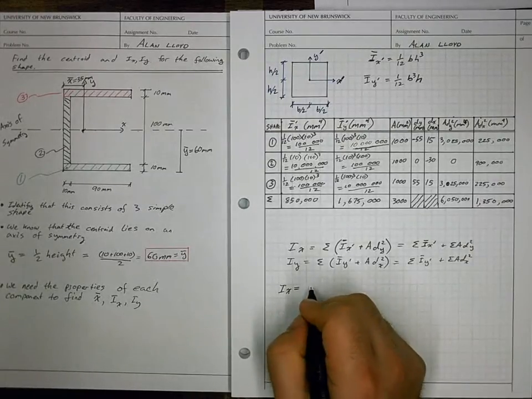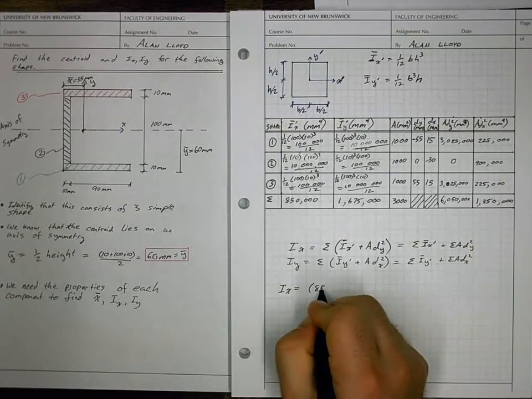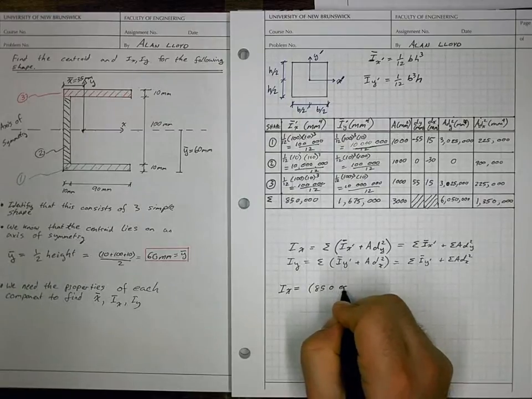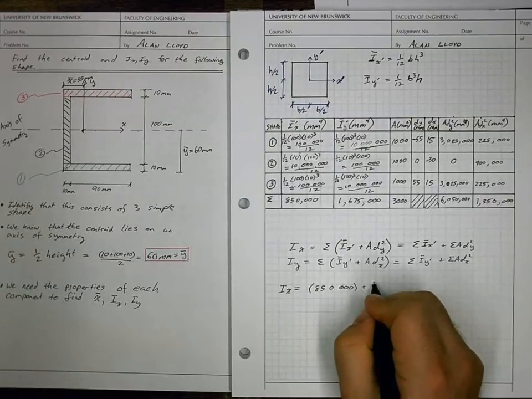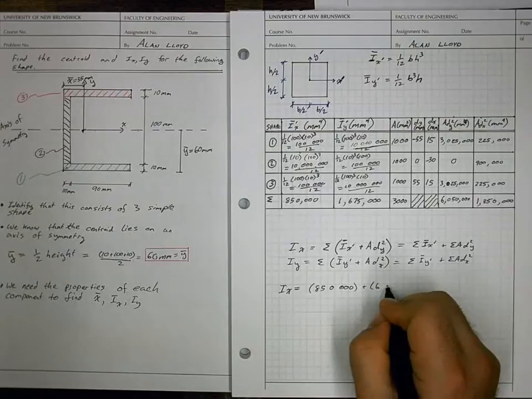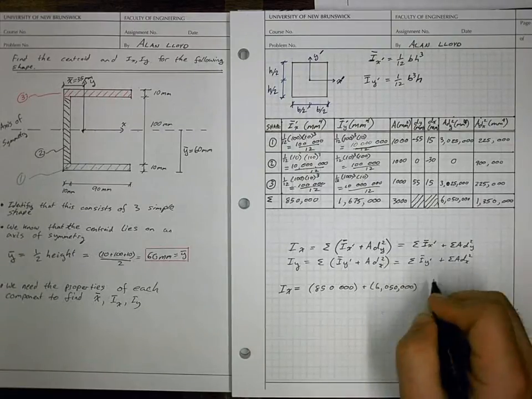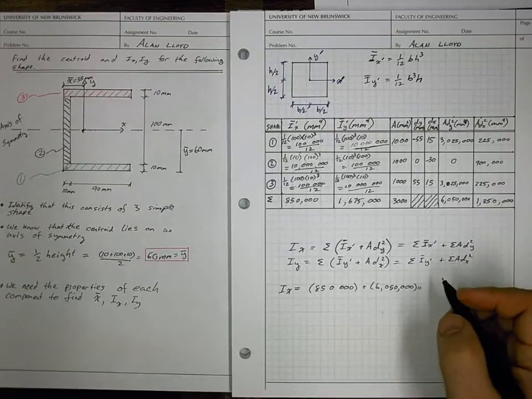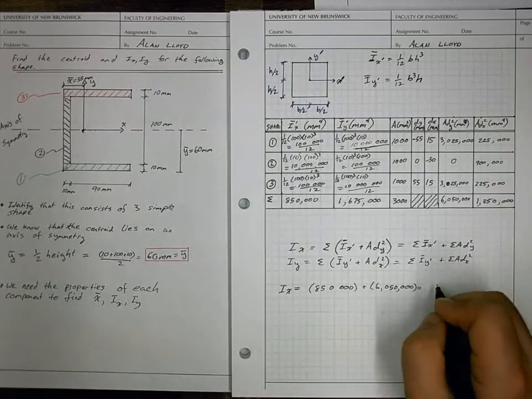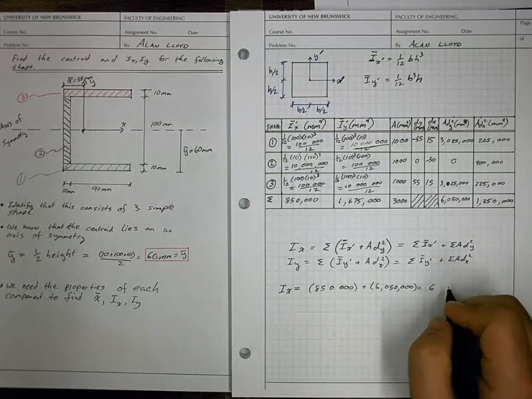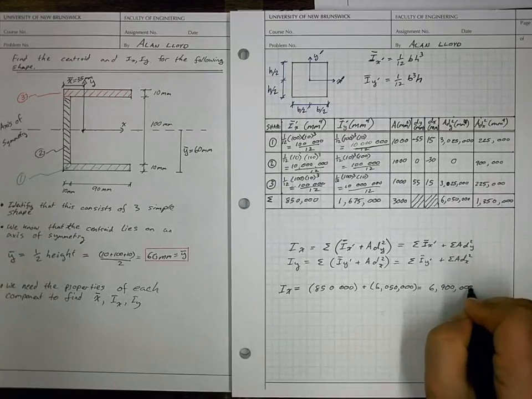So this will be 850,000 plus 6,050,000, and this would equal 6.9 million, 6,900,000 millimeters to the fourth.